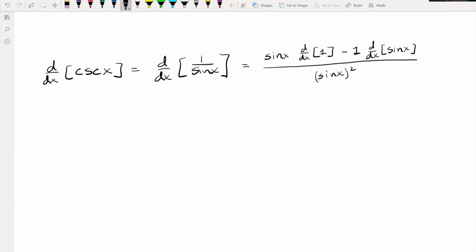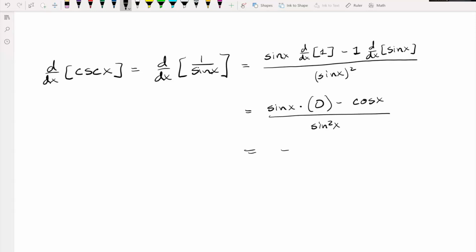Okay, so we have the bottom times the derivative of the top minus the top times the derivative of the bottom. And that's going to be, well, the derivative of 1 is 0, right? The derivative of sine is cosine. And on the bottom, we have sine squared x.